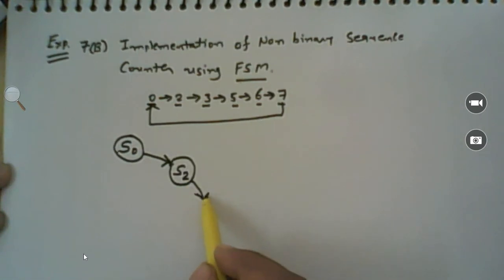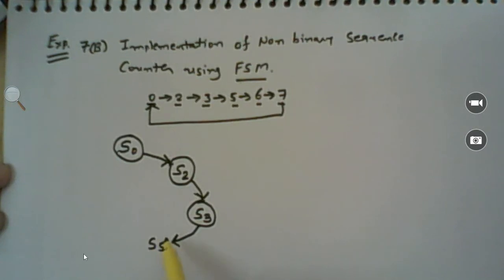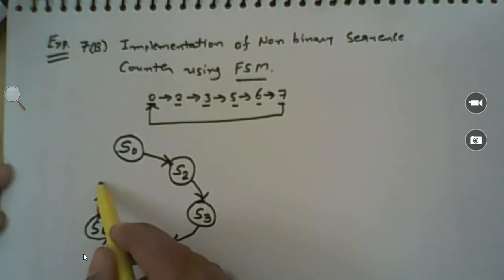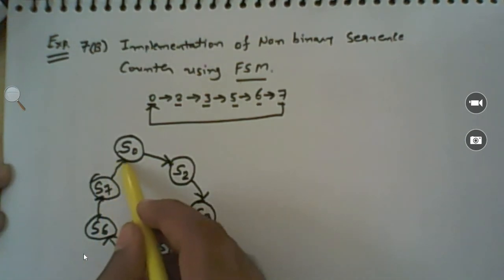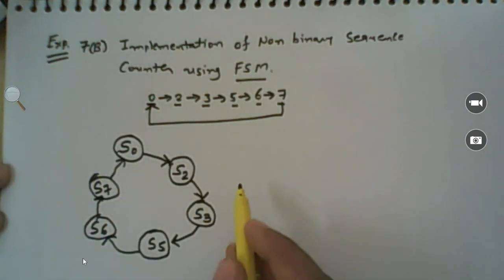From S2 to S3, it displays the 3, then it goes into S5, it will display the 5, then S6 and S7, and again it starts repeating with S0.